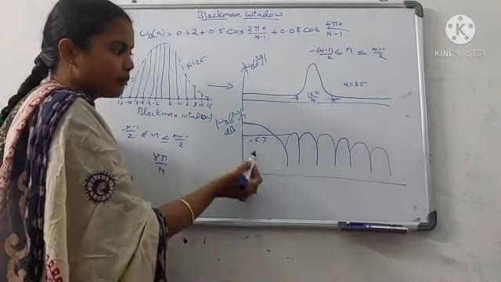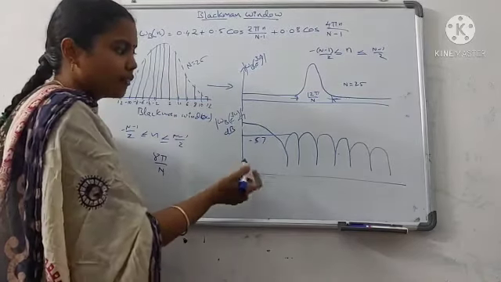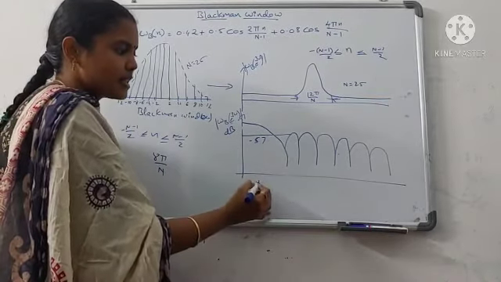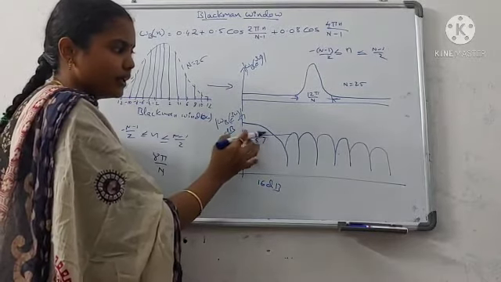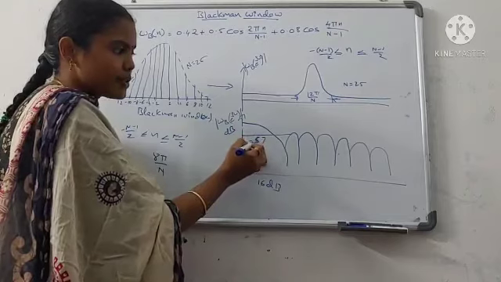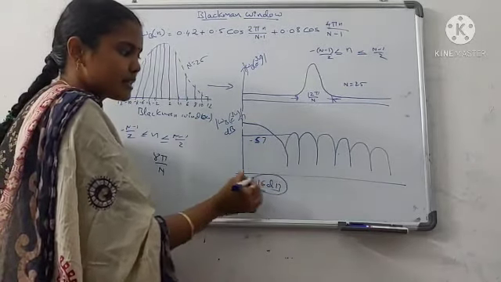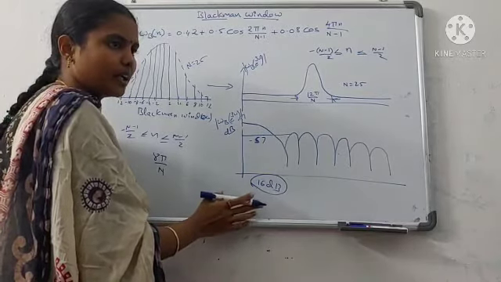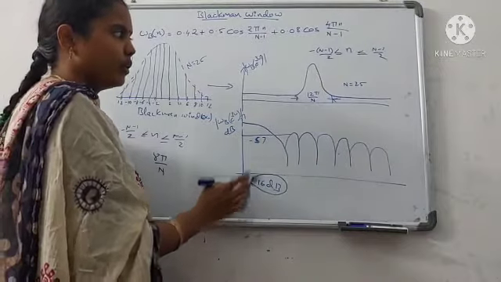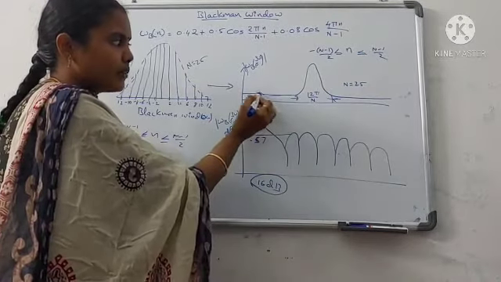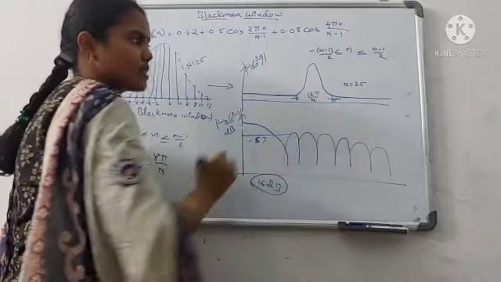Compared to the Hamming windows, there is a 16 dB improvement. It is reduced to minus 57 dB. In the side lobes there are no oscillations, and here also there are no oscillations.